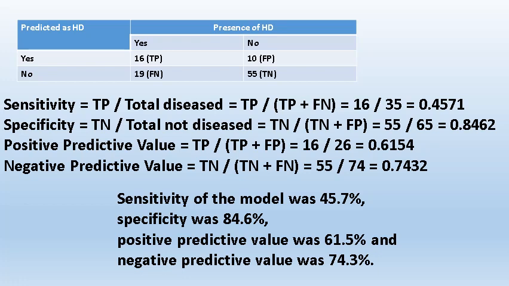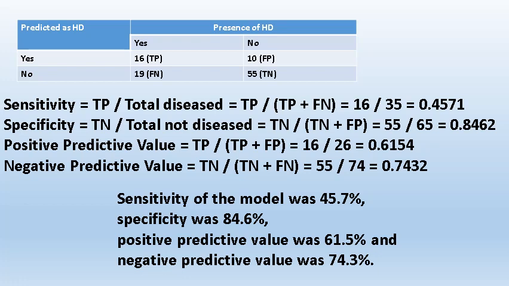So, we can calculate sensitivity. Sensitivity means total diseased are 35, 16 plus 19. Out of them, 16 are predicted as heart disease. So 16 divided by 35 will give you sensitivity of the model.